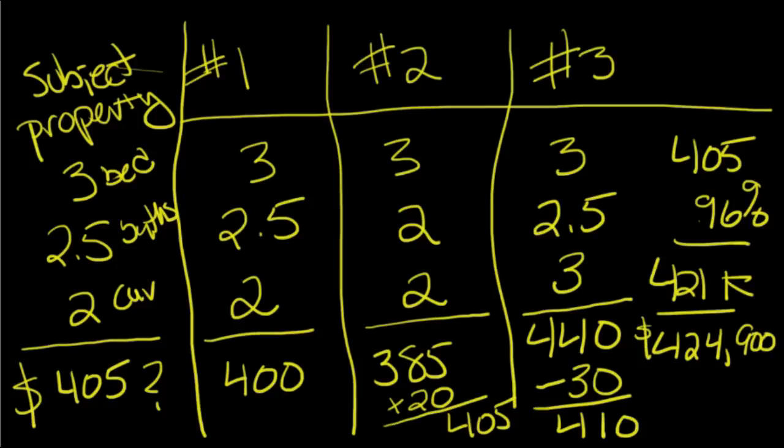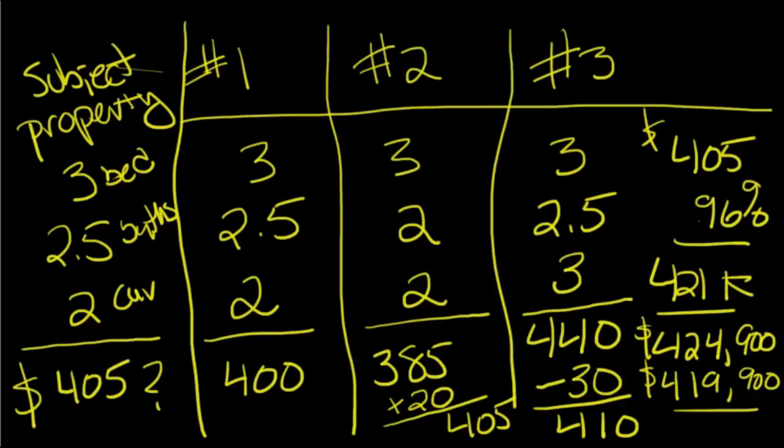I'd also talk with the sellers, who at the end of the day are the final arbiter of what it's going to list for. It's their decision based upon your recommendation, but in the end, it's their decision. It depends upon how eager they are to sell. Listing this for 409.9 is probably going to move this property quicker than if we list it for 424.